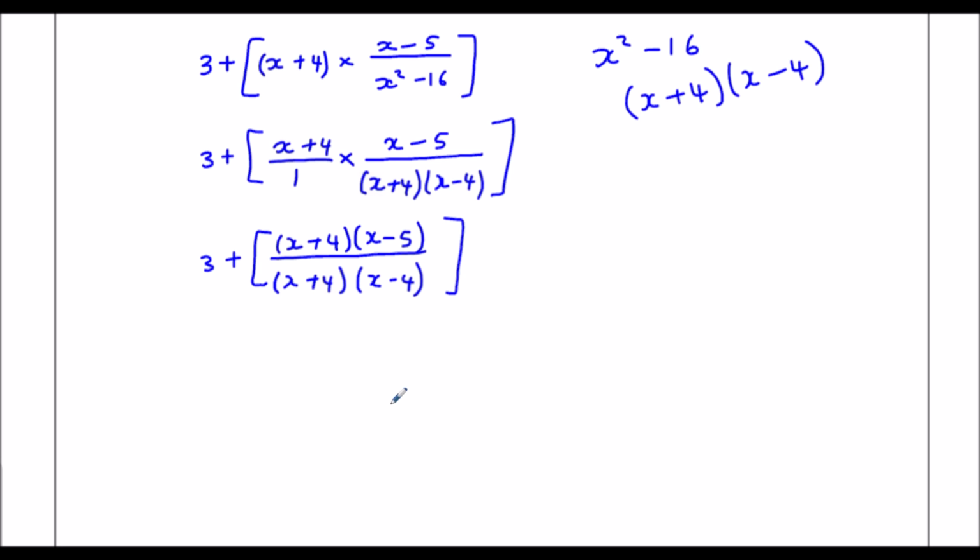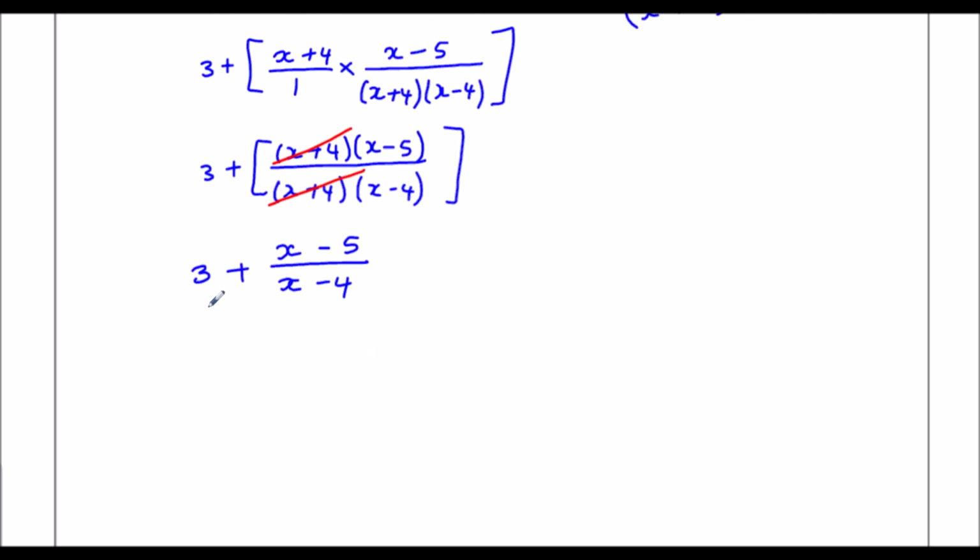We can divide top and bottom by the same thing and keep the fraction equivalent. So I divide top and bottom by x plus 4. So now I have 3 plus x minus 5 over x minus 4. I want to add these two together. So I'm going to think of 3 as 3 over 1 at the moment.